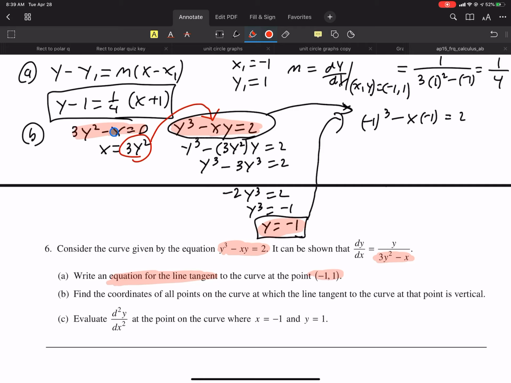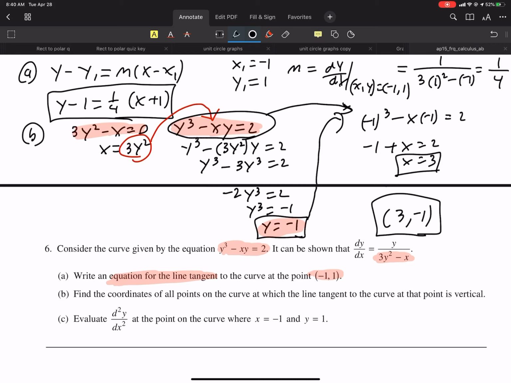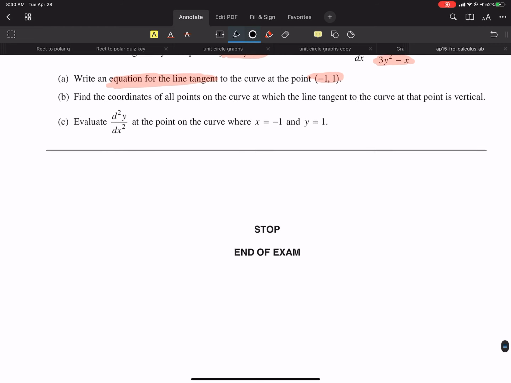That's what needs to be true in order to get a vertical tangent line. But to get the x and y coordinates, you deal with the original equation. Add 1 to both sides. So we have our answer: 3, negative 1.